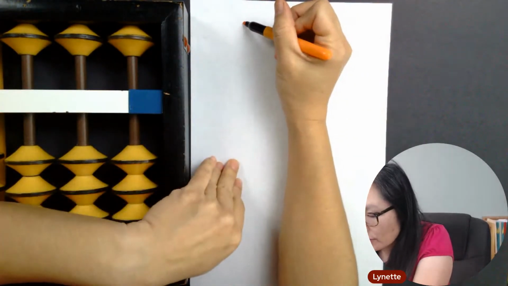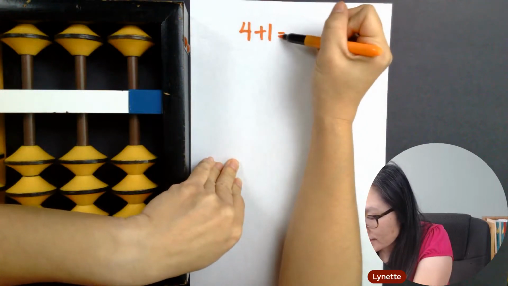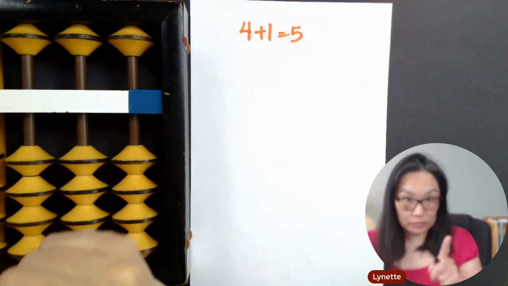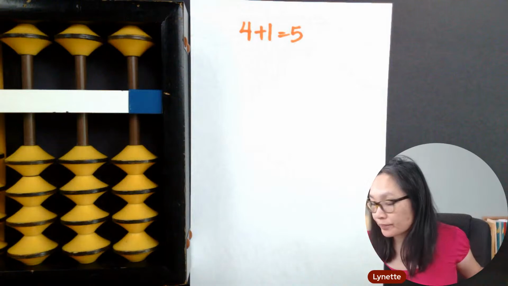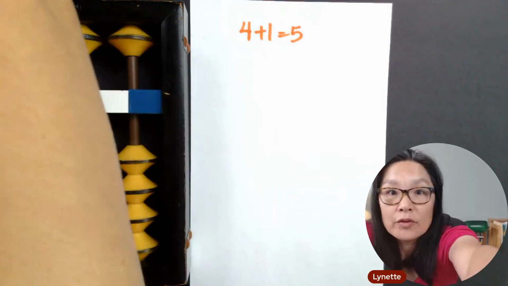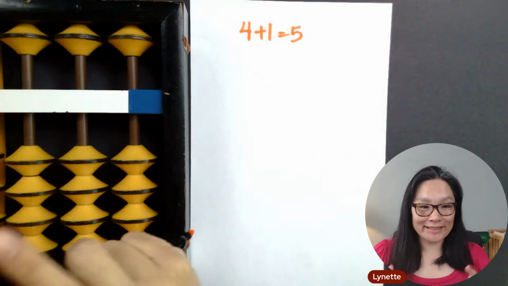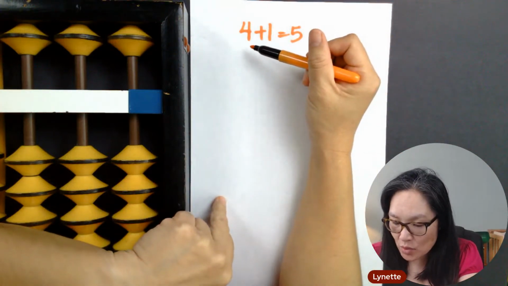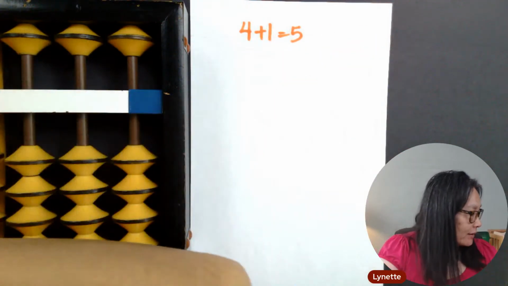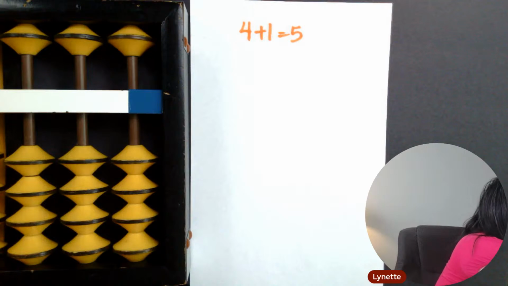Okay. So we have 4 plus 1 is equal to 5. This is something that we're going to have to remember. Now we have that. Let's look at it another way.